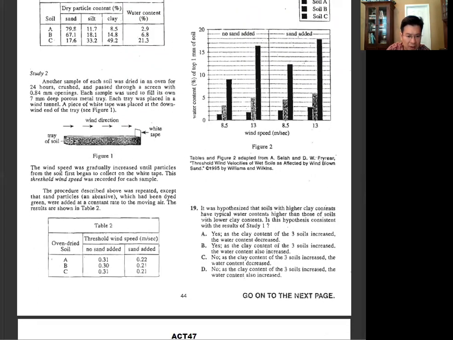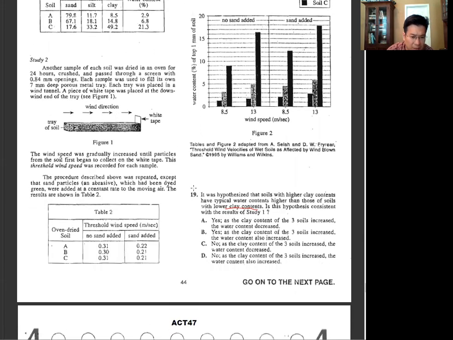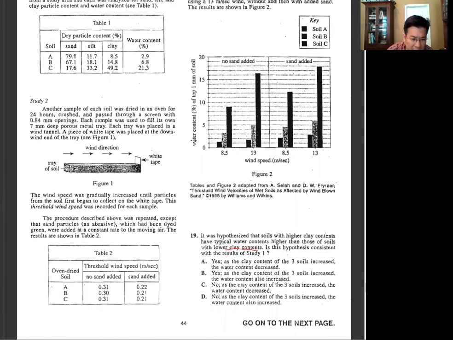It was hypothesized that soil with high clay content has typically higher water content than soil with lower clay content. Is the hypothesis consistent with the result of study 1? So if you think about the study 1 result, the question is asking about clay content.